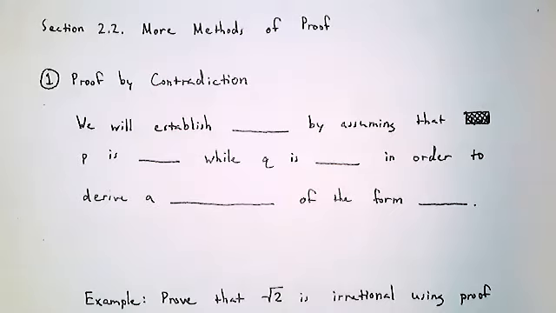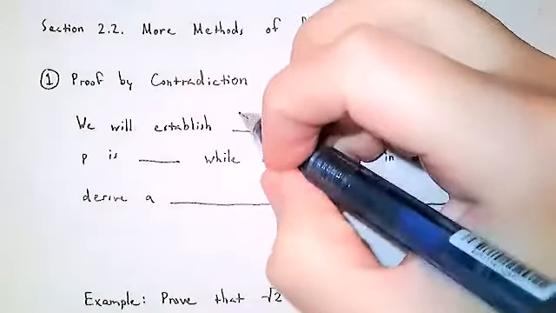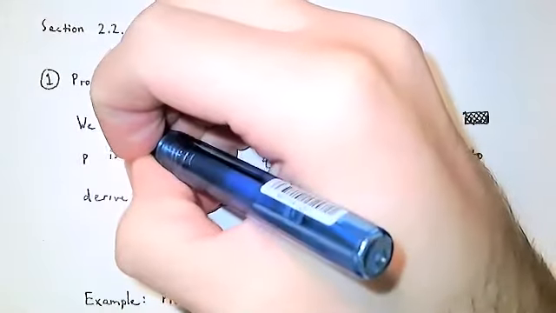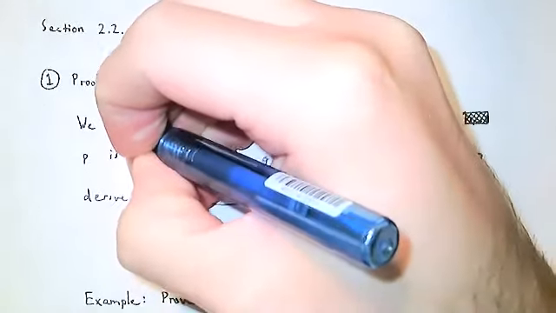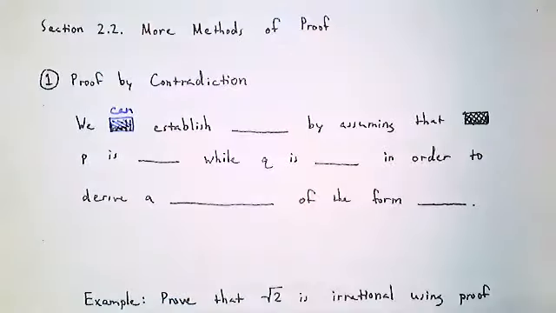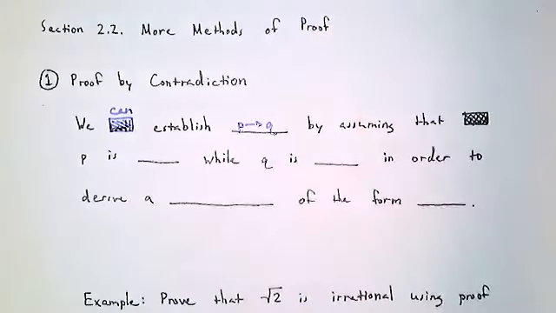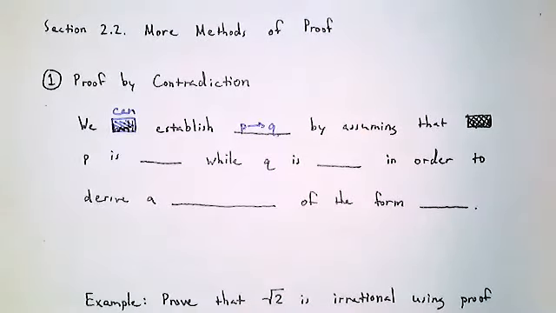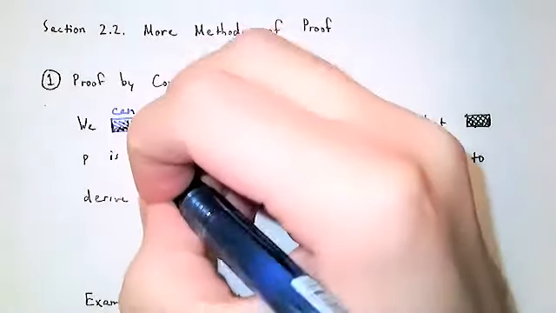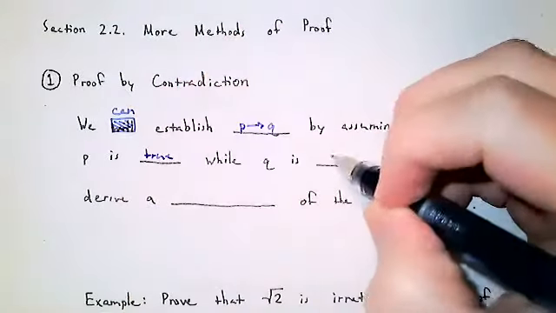So our first example here is proof by contradiction. So the idea, just to give it a good definition, is that usually we can establish the implication if P then Q by assuming that P is true while Q is false.